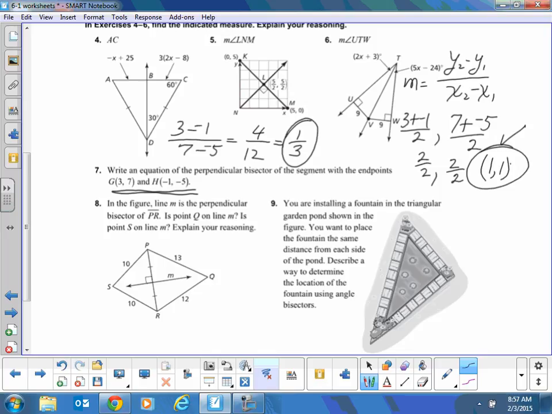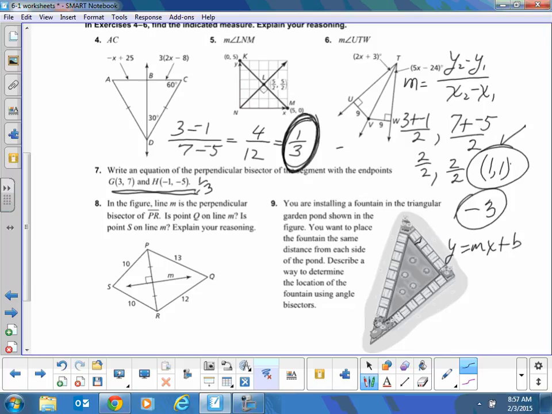This is the slope of this segment, and I want to be perpendicular to that. So I flip it over and I change the sign. Negative 3. So now you're ready to write your equation, y equals mx plus b.